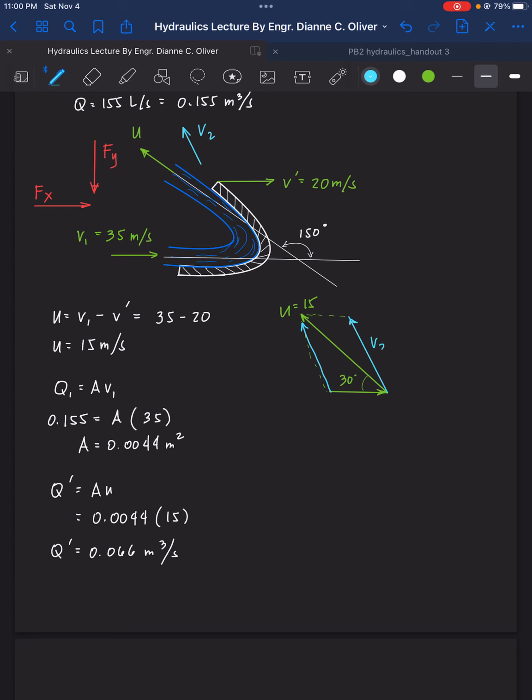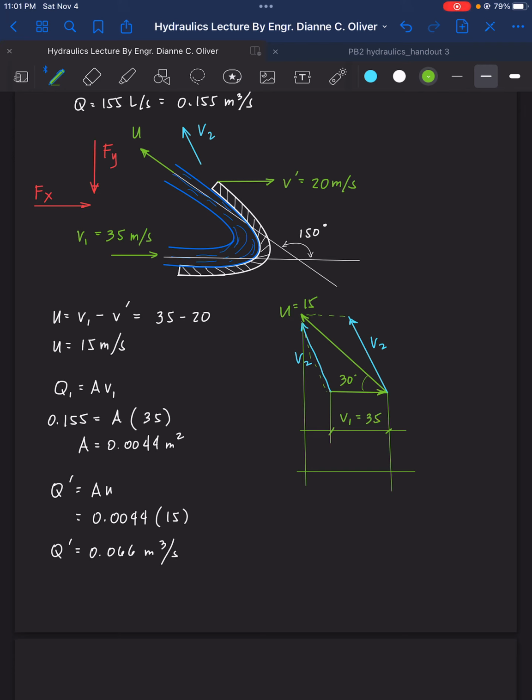This is V2 and then this is V2 as well. Let's see if this assumption is correct. Okay, so this is our V1 of 35.